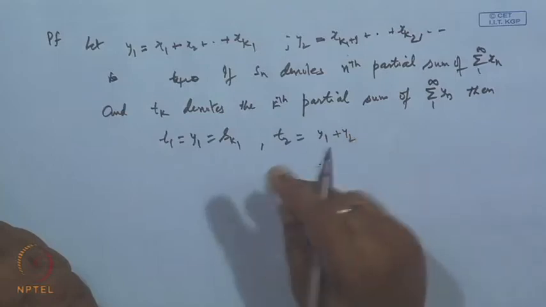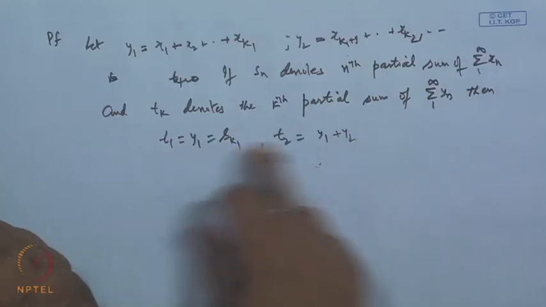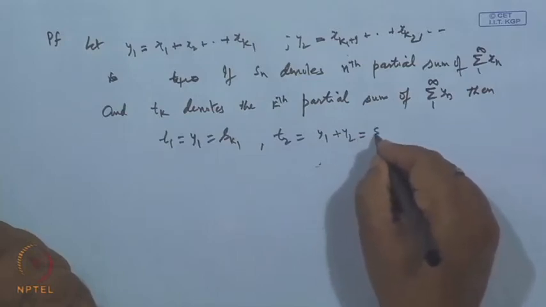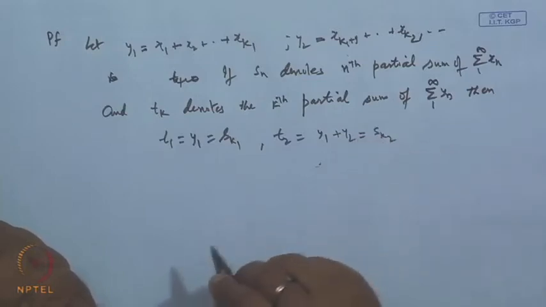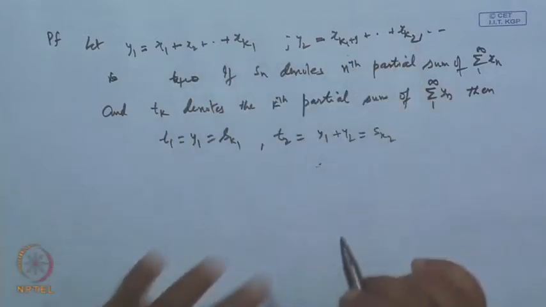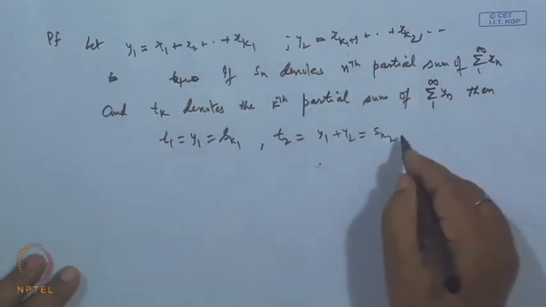If I take the first two terms' sum, then what we get is y 1 plus y 2, and this is equal to S k 2, that is, up to k 1 this term plus this term, the second term of this new series, and it continues.